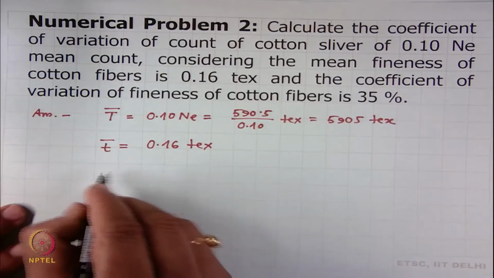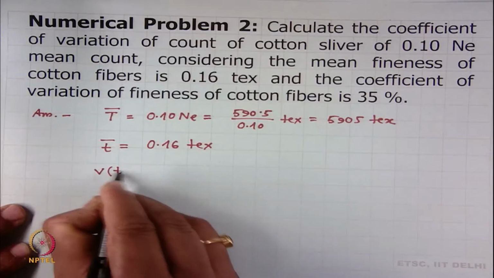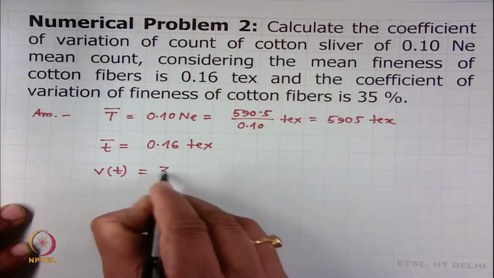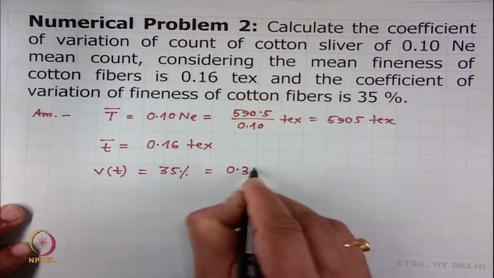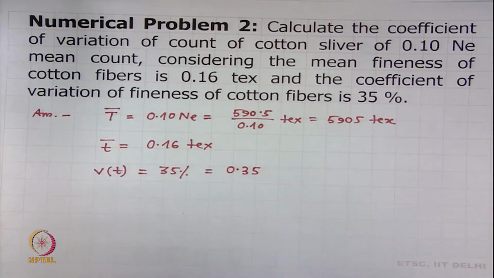Coefficient of variation of fineness of fiber is also given, dimensionless, it is 0.35. Now, you are asked to calculate the coefficient of variation of count of cotton sliver.